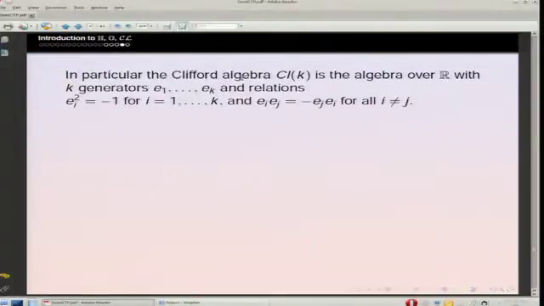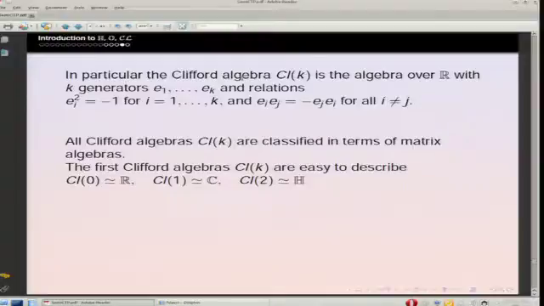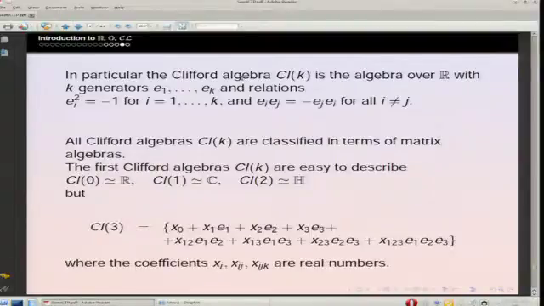Some examples. If you start from the reals and you consider the relation given by the simple quadratic condition, you obtain Cl1 is C, Cl2 is the quaternions, but then Cl3 is already more difficult.